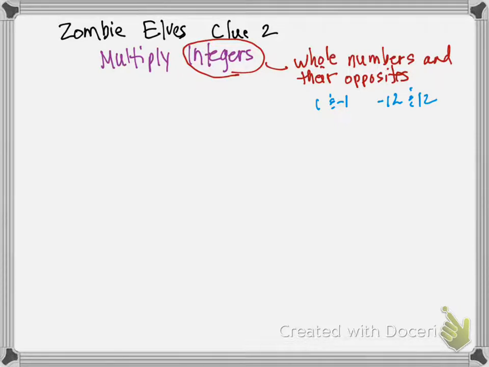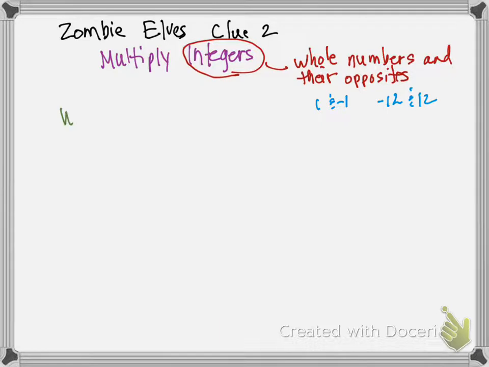All these different kinds of numbers have different ways of putting them together. On this one, multiplying and dividing integers is the far easiest type of math to do with integers. So I'm just going to spit it out and tell you the truth.